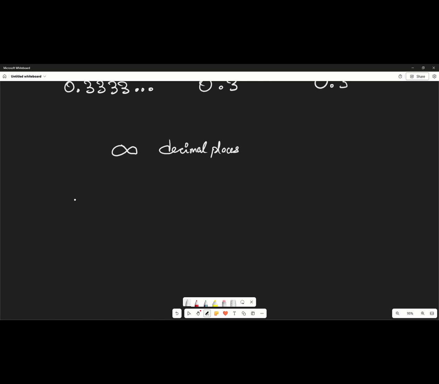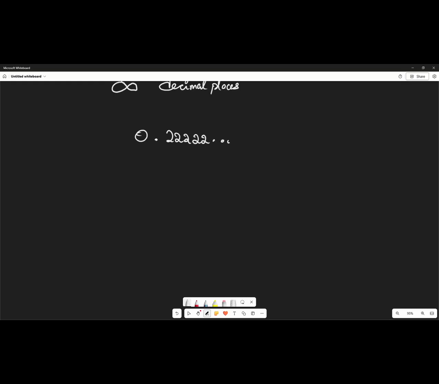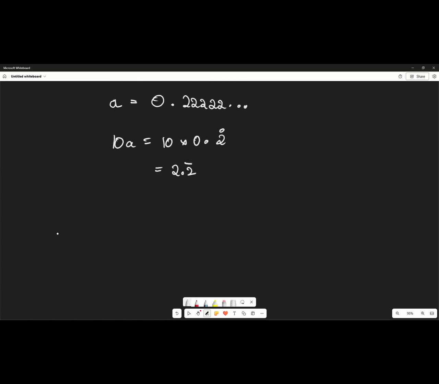So let's consider the number 0.222222. Let us assign this to a. So a is equal to 0.22222. 10 times a is 10 times 0.22222, so this is equal to 2.2 bar.